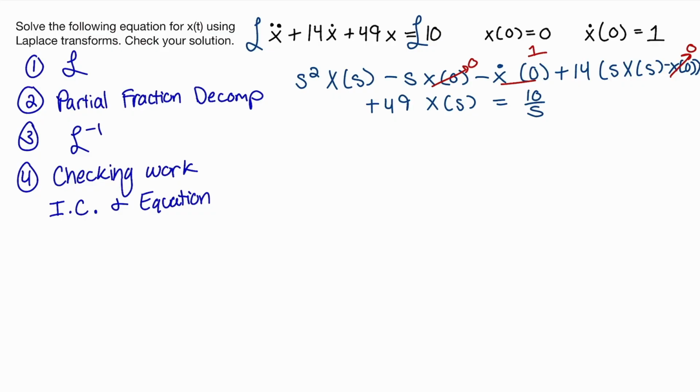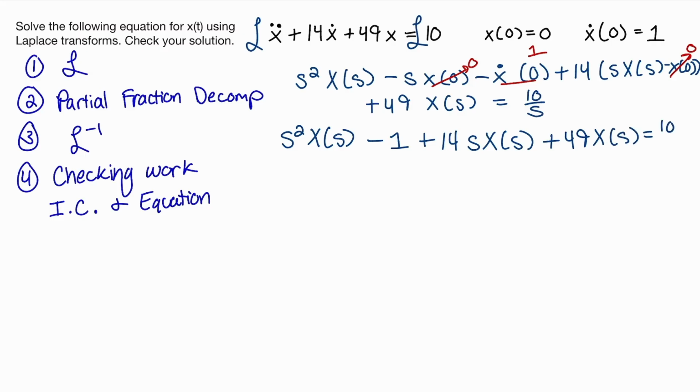So we can rewrite that again. s squared X(s) minus, actually that's 0, so we can ignore that part. So minus 1, which is this term right here, plus 14 s X(s) plus 49 X(s) equals 10 over s.